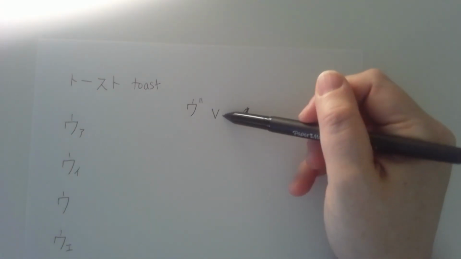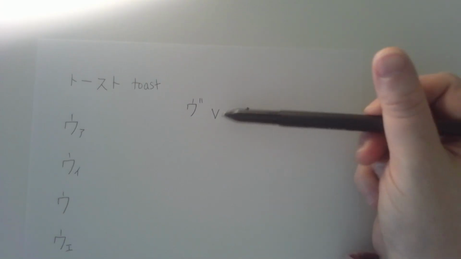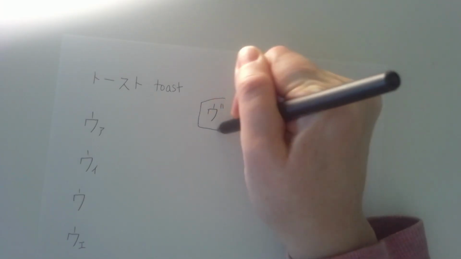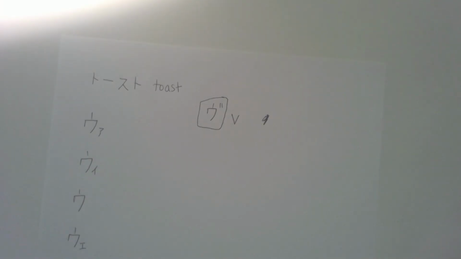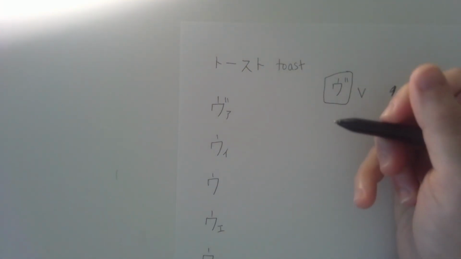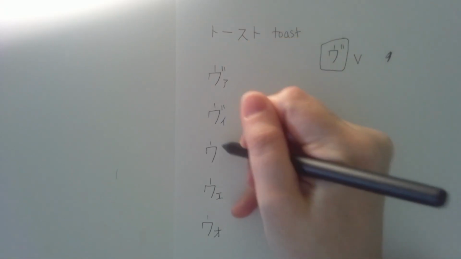But for now, let's just play with the idea that when you see this, it's a v. So we're going to add our tenten to all of these.